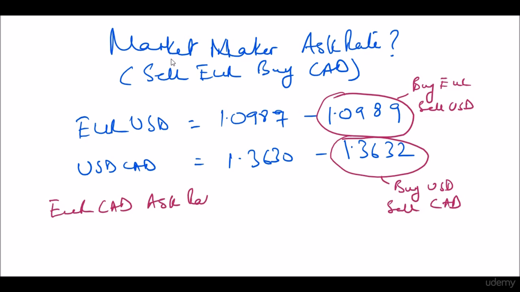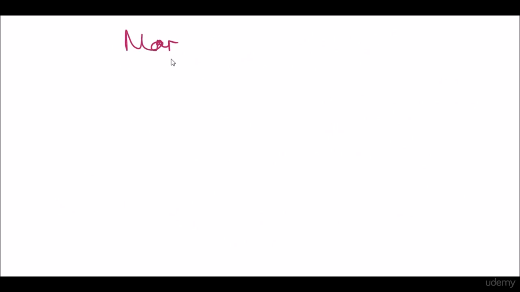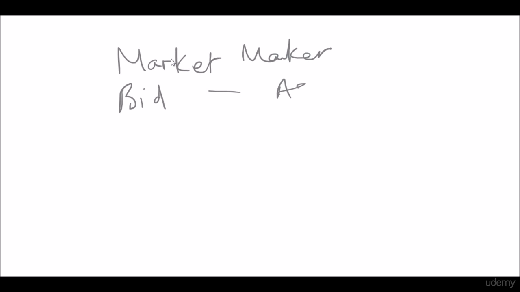We can therefore take 1.0989 times 1.3632 to give us a rate of 1.4980. In order to cover our euro short, we would need to buy at 1.4980, and therefore the ask rate would be higher than this rate, and 1.4980 becomes the floor.